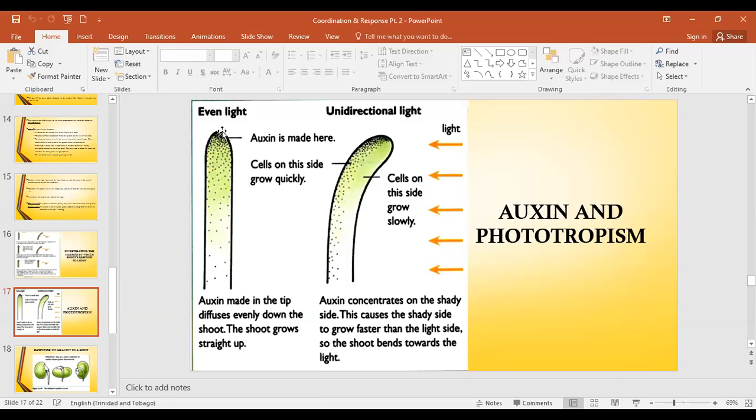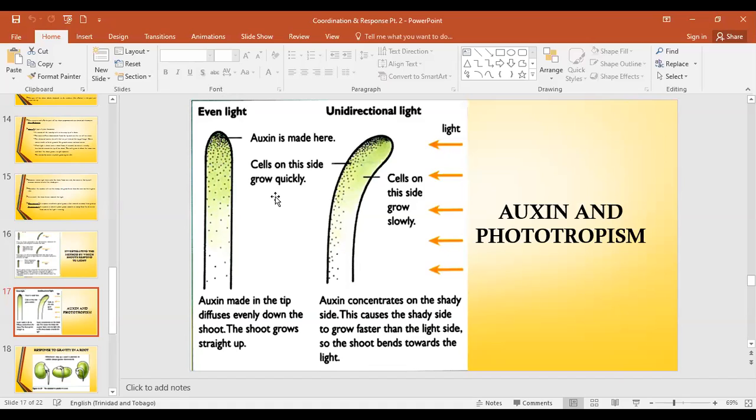It moves away from the light, or it is broken down by the light. When sunlight falls on it, it causes the auxins to move and diffuse across the plant, in the direction away from the light. This is an even light.